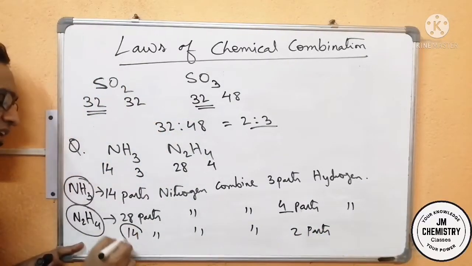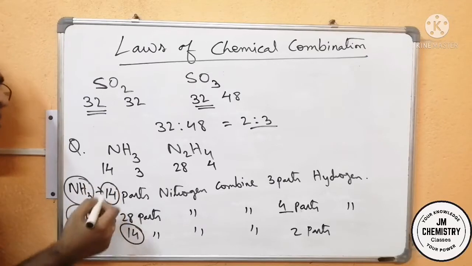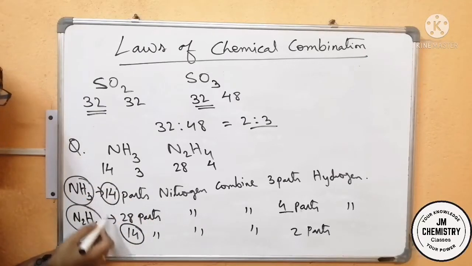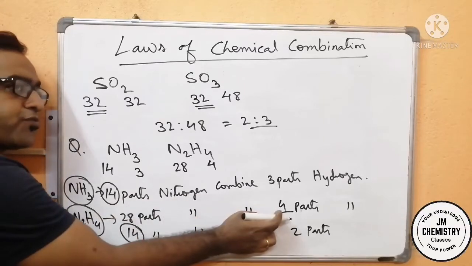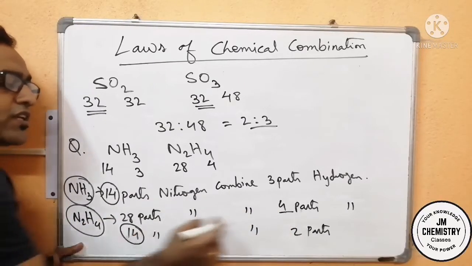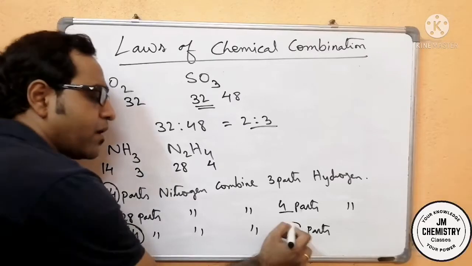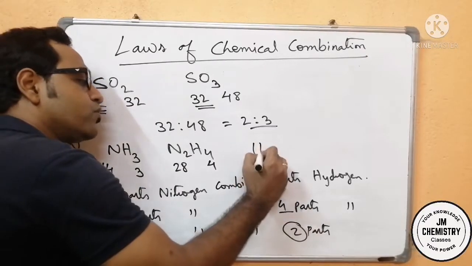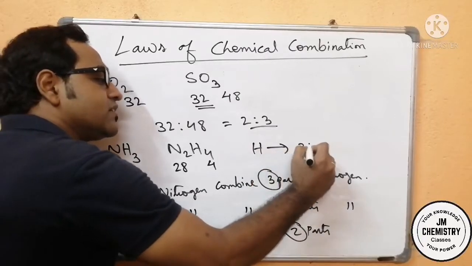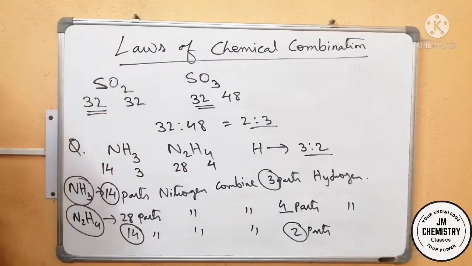So we have made the nitrogen the same, 14 parts and 14 parts: 14 parts combine with 3 parts, and 14 parts combine with 2 parts. The amount of hydrogen is different, and the ratio is 3:2. Again a simple whole number ratio.